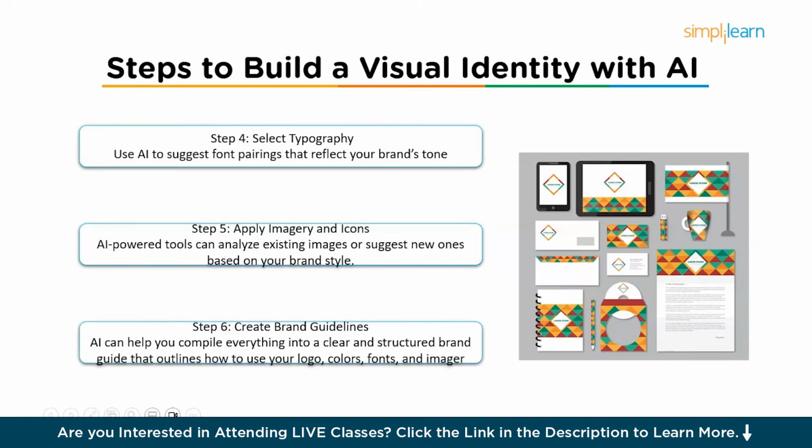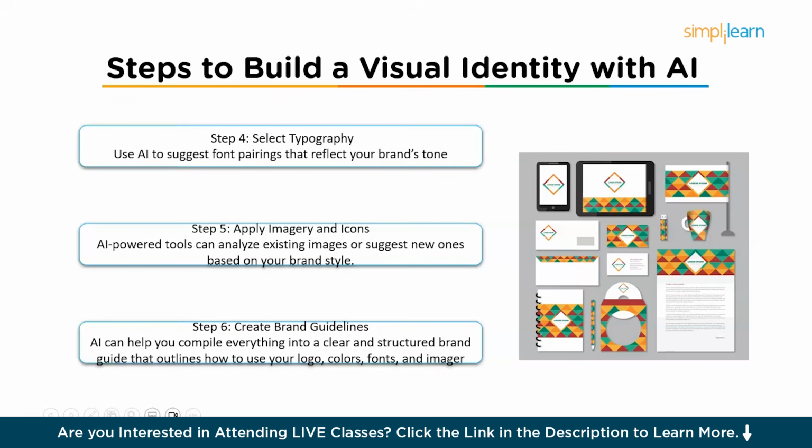So AI can help you compile everything into a clear and structured brand guide that outlines how to use your logo, colors, fonts, and imagery. This ensures that your visual identity stays consistent across all the platforms. So by following all these steps, you can build a comprehensive visual identity with the help of AI tools that automate, suggest, and optimize the process.